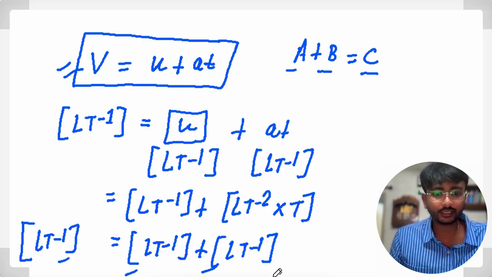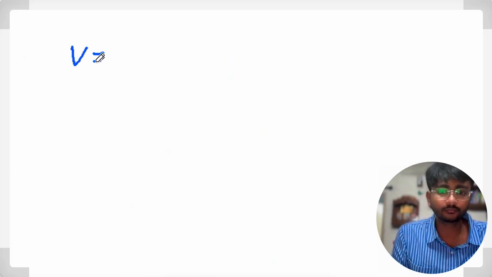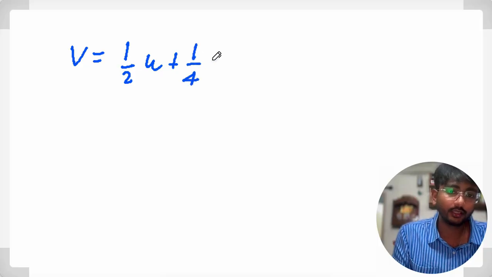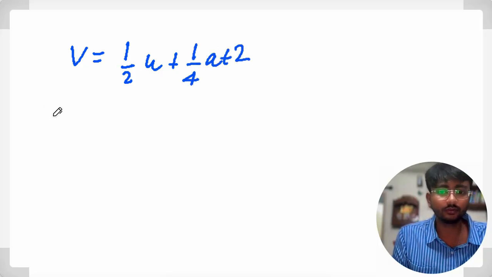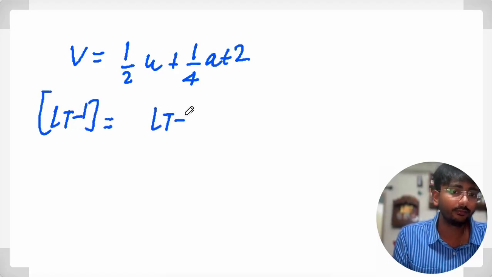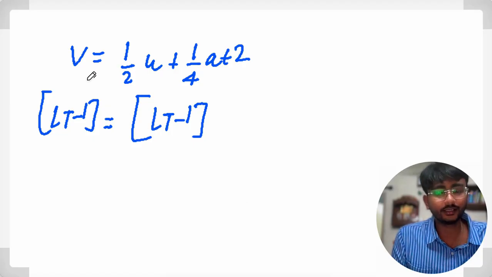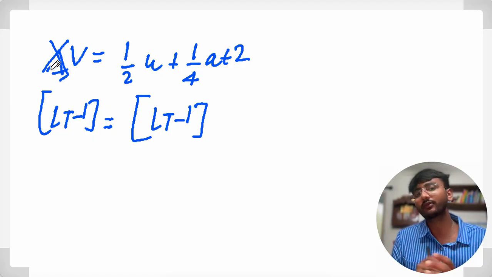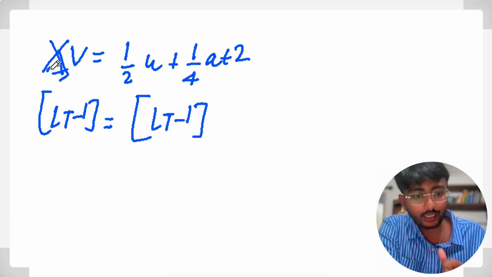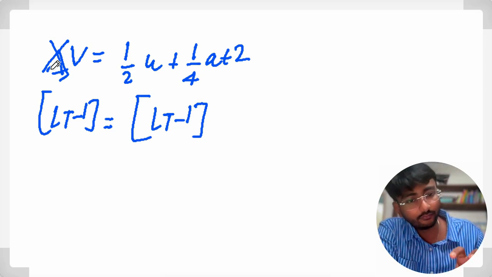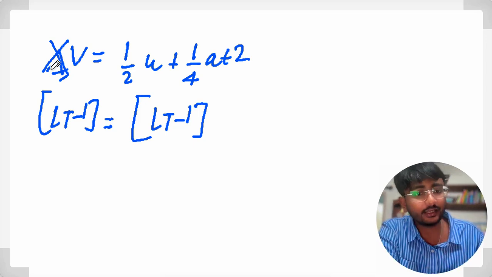Now if I write this equation as v equal to half u plus 1 by 4 at square, then also the dimension of the left hand side and the dimension of the right hand side will be the same, right? But you know that this is not the correct equation, this is an incorrect equation. So that's why whenever we have to find the correctness of an equation, we will first calculate the dimension of the left hand side and the dimension of the right hand side.